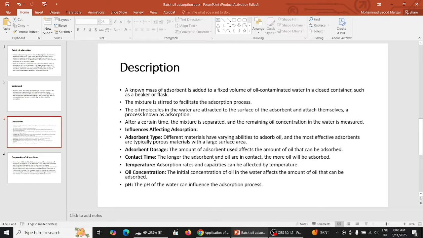The longer the adsorbent and oil are in contact, the more oil will be adsorbed. This is a general phenomenon. The temperature, whether we are doing it at room temperature or high temperature. The oil concentration, of course it will affect, and the pH, if we are doing it at very high acidic pH or very basic, I mean alkaline pH.